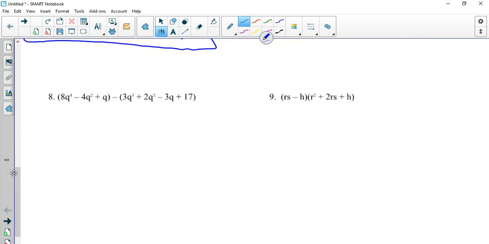Okay. Notice the negative has to get sent to all four terms. I'm going to write this below, and I'm not going to write parentheses for fear of wanting to multiply it. So this is negative 3q cubed, negative 2q squared, positive 3q, and negative 17. Now, I don't have any other q to the fourth, so I'm just going to write that. 8q to the fourth.